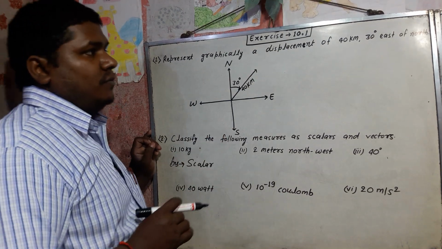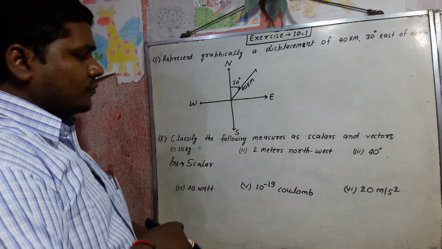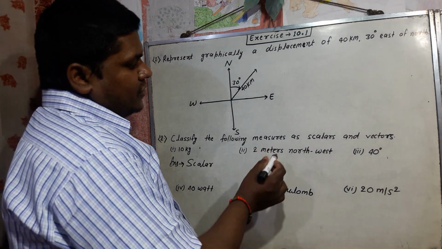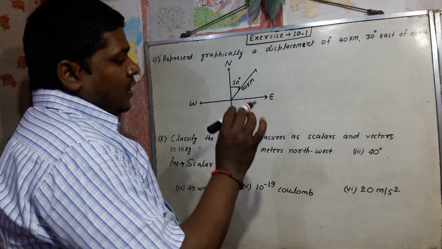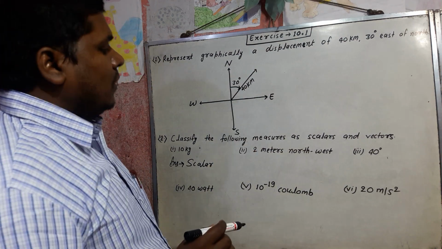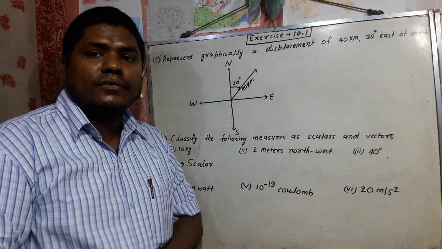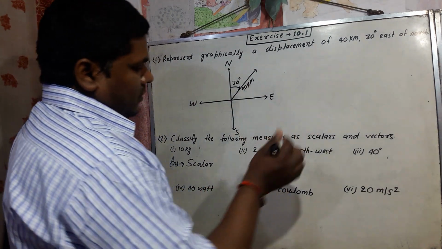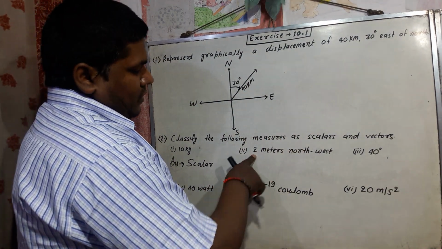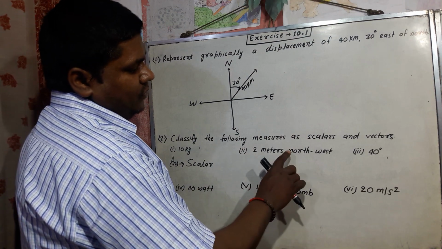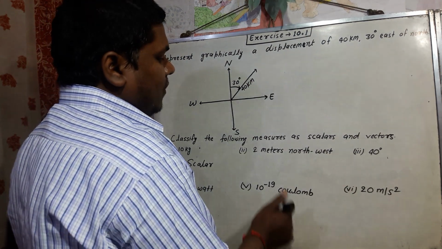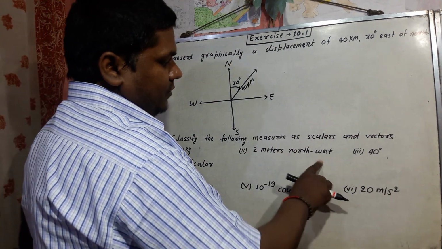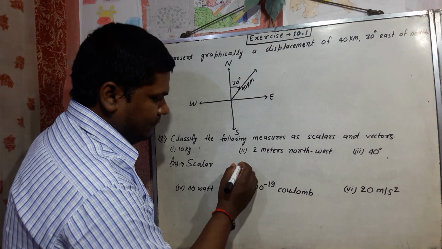We know about vectors: that quantity which has magnitude and also direction is called a vector. So 2 meters north to west is a vector quantity.